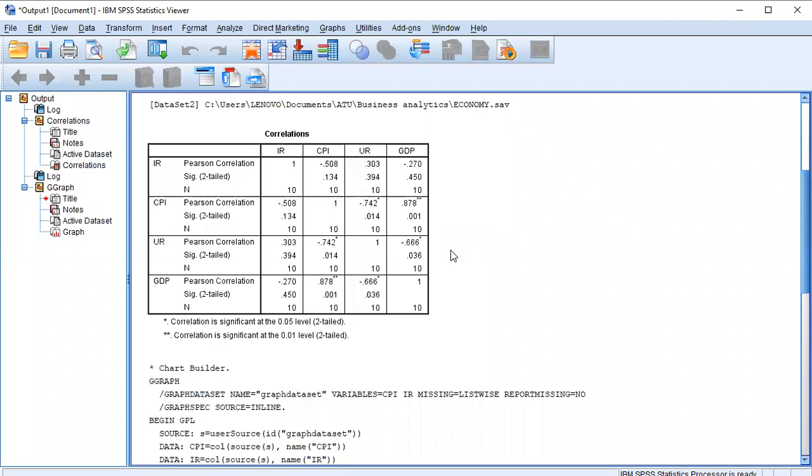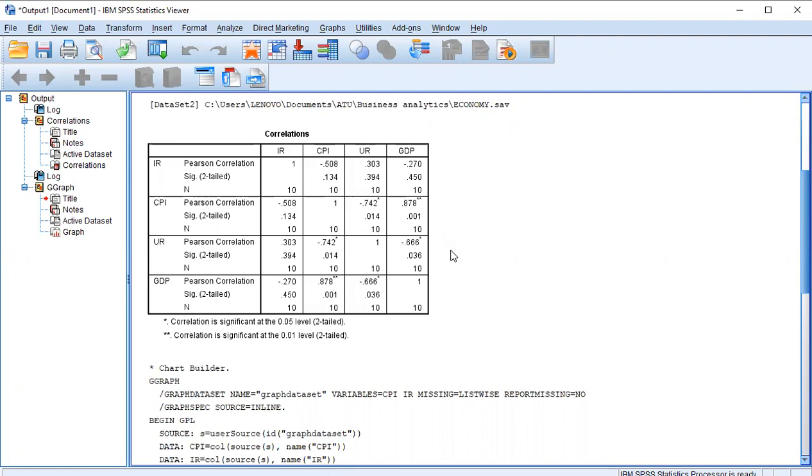So we can say that GDP is a multidimensional factor, so these other factors will all come in to affect the GDP. It seems to have correlation with CPI and with unemployment rates. And CPI also seems to have something to do with unemployment rates.